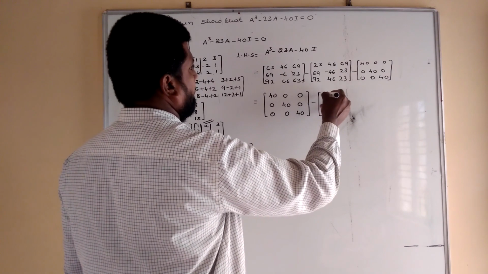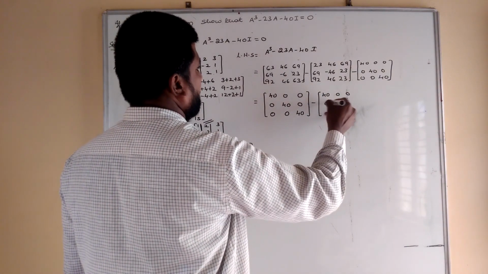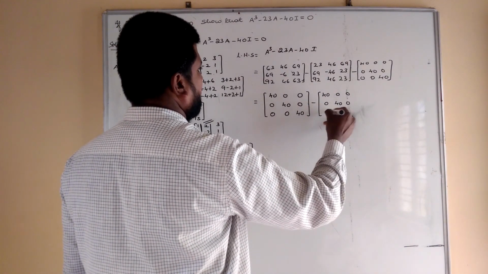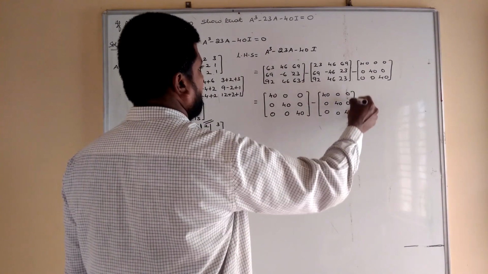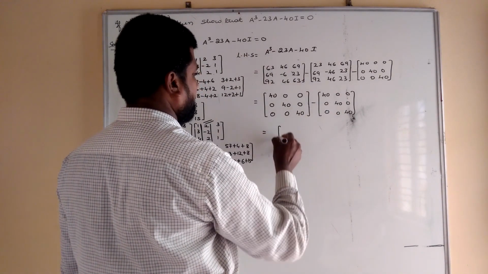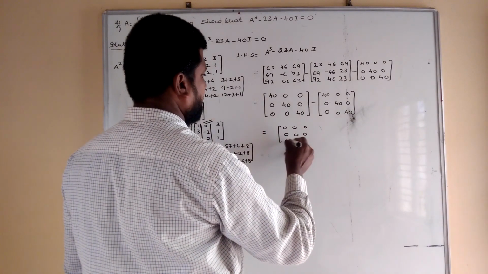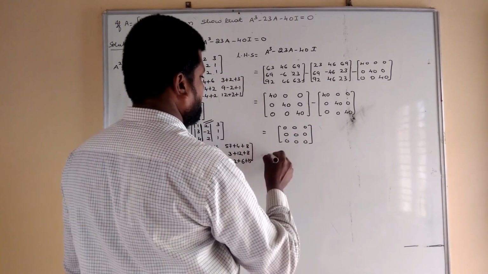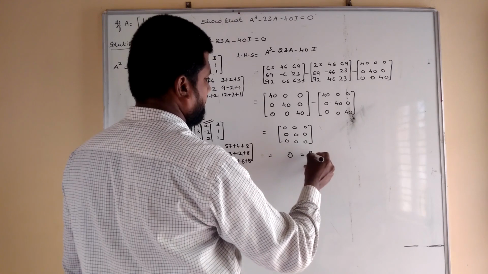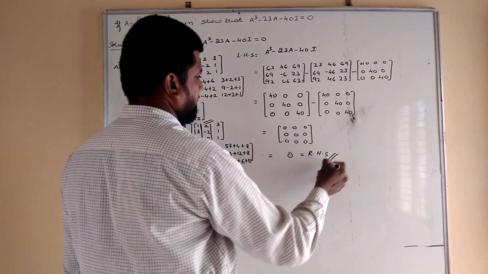Minus 40, 0, 0, 0, 40, 0, 0, 0, 40. So we got here all zeros, 0, 0, 0, 0, 0, 0, 0, 0. So that is equal to 0, that is equal to RHS.